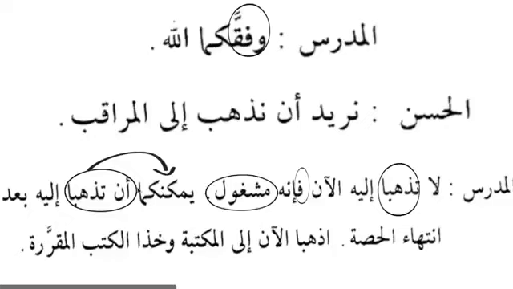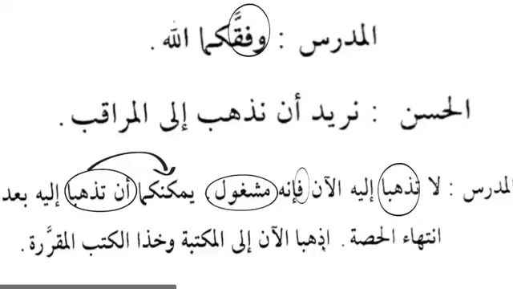Yumkinukuma, it is possible for you both to go. Ilayhi, to him. Badan taha'il hissa. So what is it? Intaha is the finishing, is the end of the chapter or the section or the segment, what you can say. So is it possible for you both to go to him after this section or this session is finished? Of Badal Hissati, Intahil Hissati.